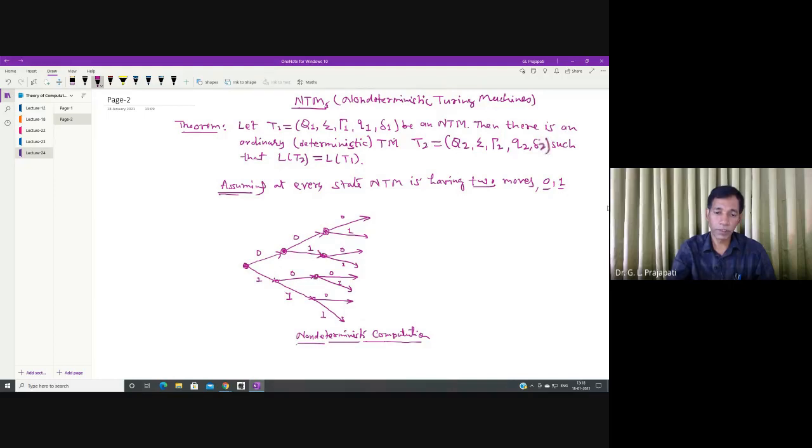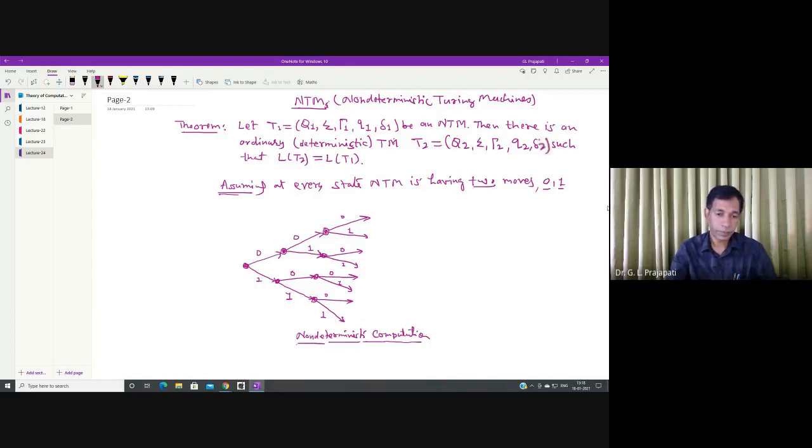So your machine starts from the initial configuration, and we have assumed that from every state the machine has to make a guess, and here the machine has two possible guesses at every state. So the computation tree for the non-deterministic case will look like this.